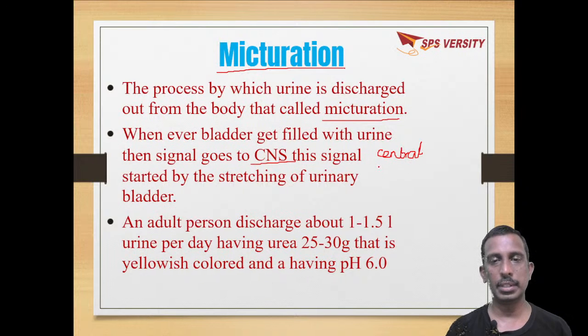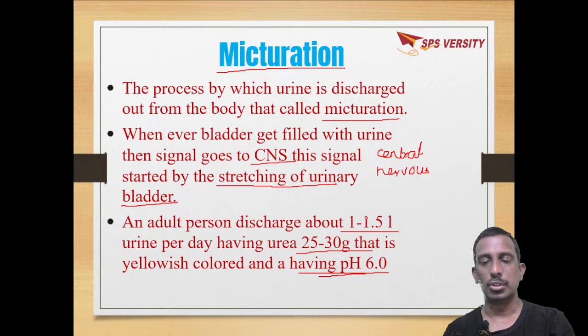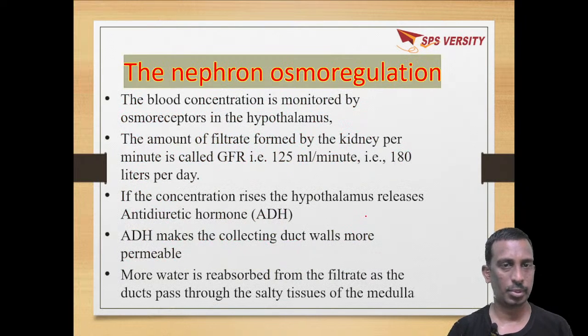The central nervous system then gives a signal back to the urinary bladder, causing stretching of the bladder. In an adult person, the urine is 1 to 1.5 liters per day, containing urea 25 to 30 grams, yellow in color, with a pH of about 6.0.